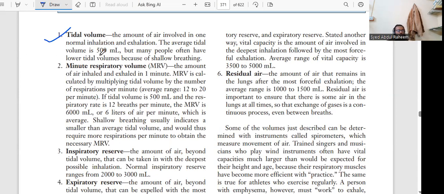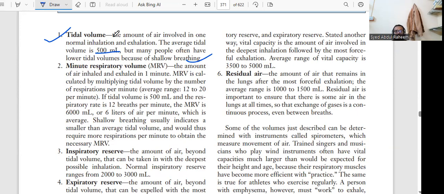The average tidal volume is 500 ml, but many people often have lower tidal volume because of shallow breathing. Basically, the amount of air inhaled and the amount of air exhaled is totally called tidal volume. So we need 500 ml of volume in each.